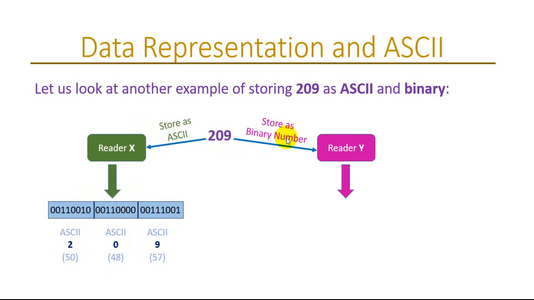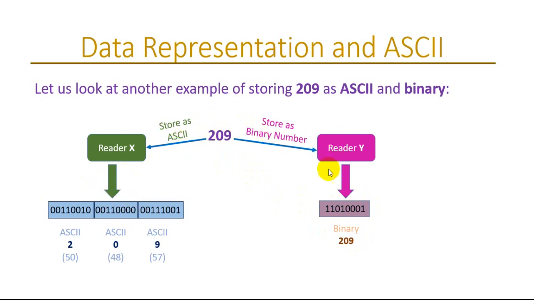Whereas he is trying to store it as a binary number. So he will take that and store the binary equivalent of it. You know the weightage, 1, 2, 4, 8, and you write one of this, one of this, and you add it up, and you come up to 209. So this 209, if you store it as ASCII characters, each digit will be separately stored.